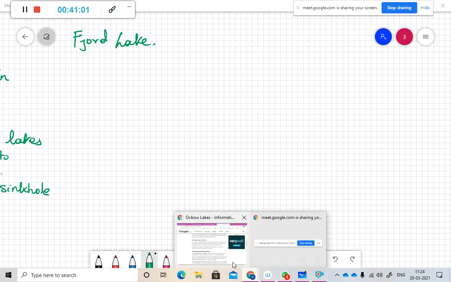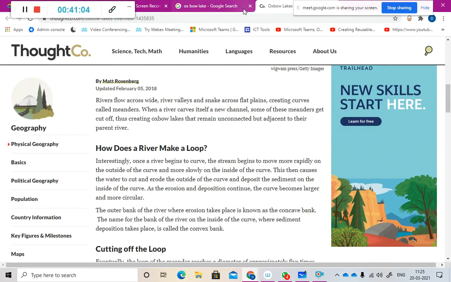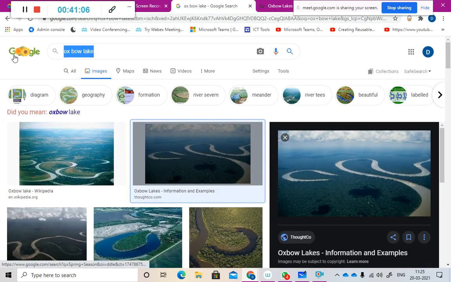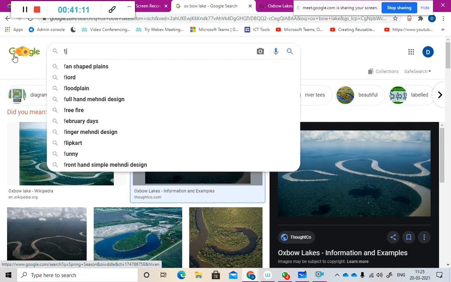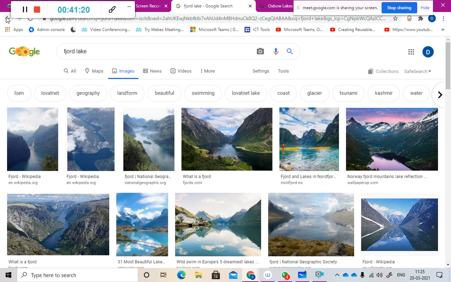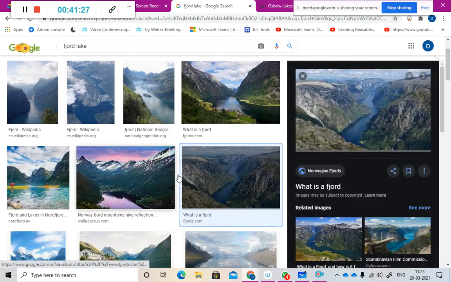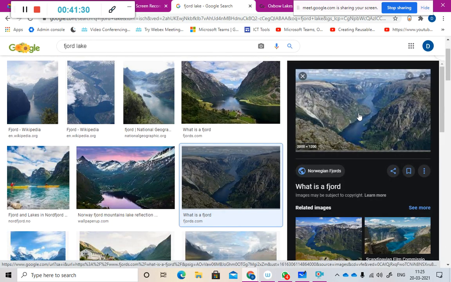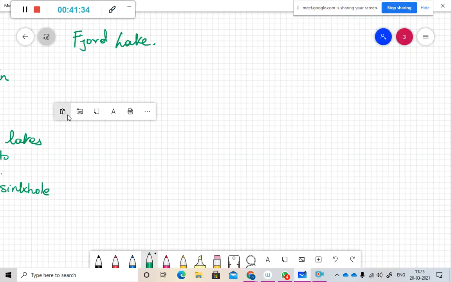Let's see a picture of Fjord Lake. Let's have a look at this lake.